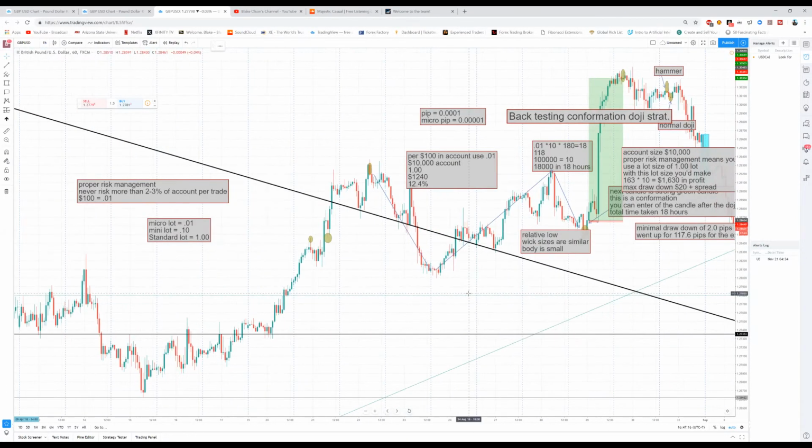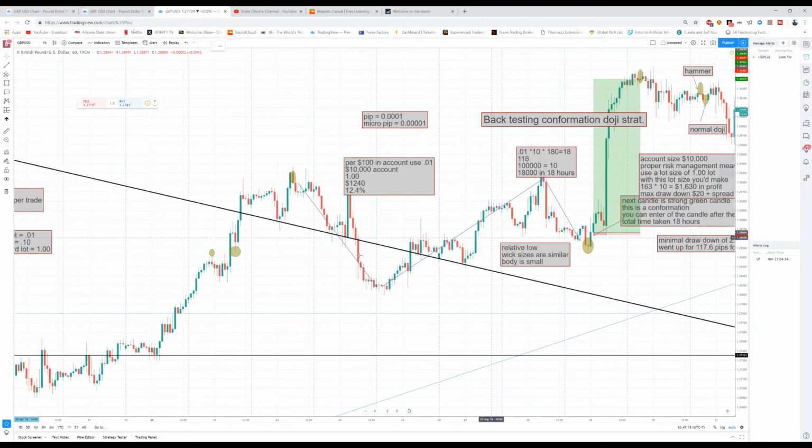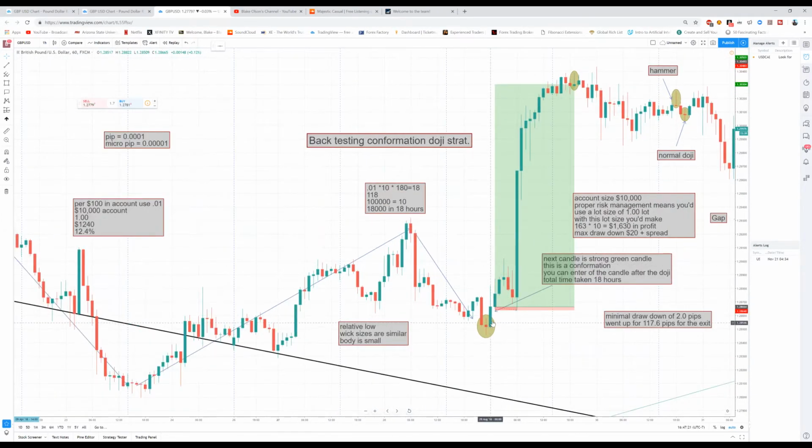So if we're using a 0.7 with $7,000, how much money would we make in this green area here? Well, let's go ahead and measure this again one more time, just to make sure we know exactly how many pips this is. So 163 pips.